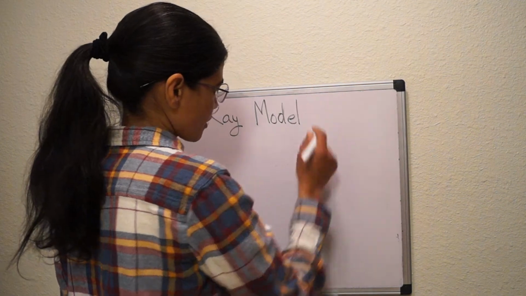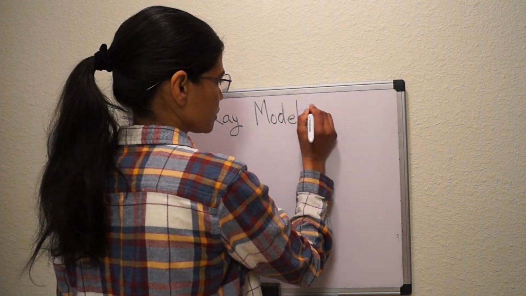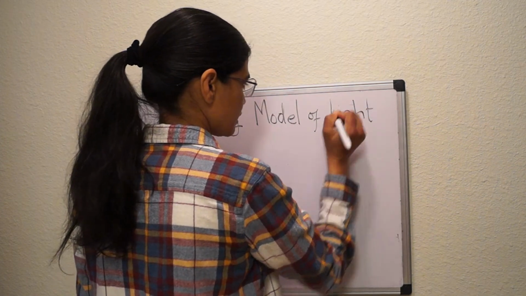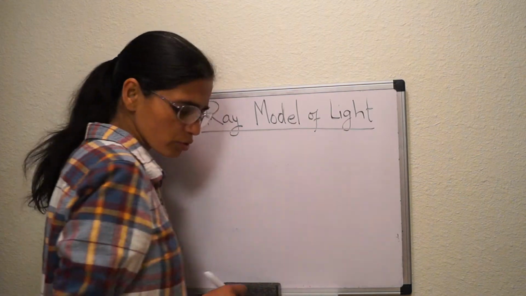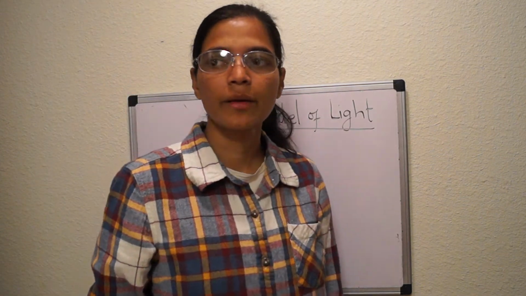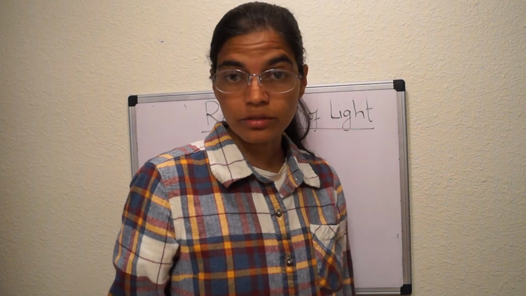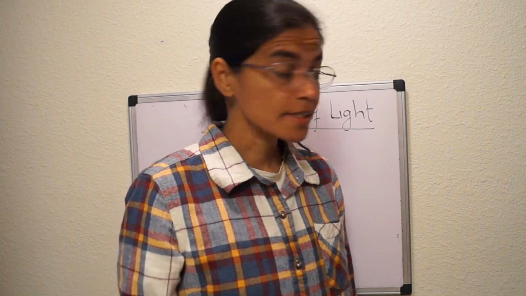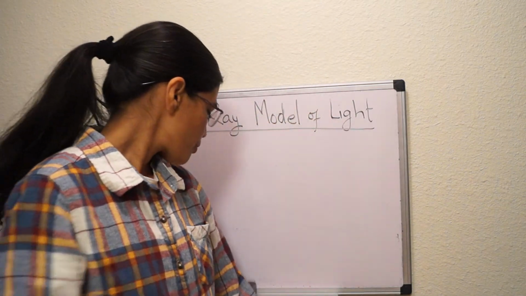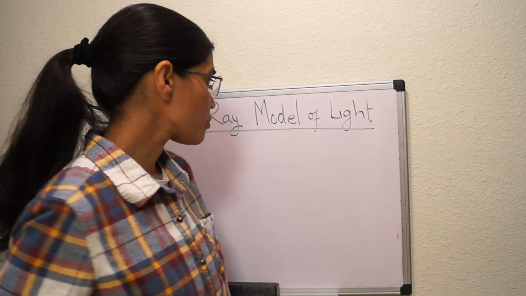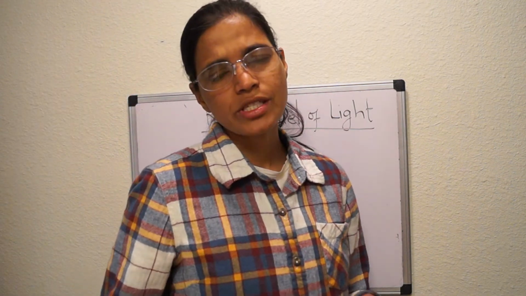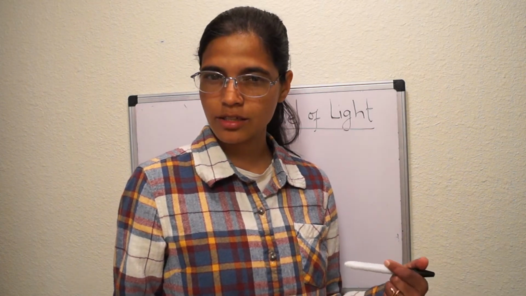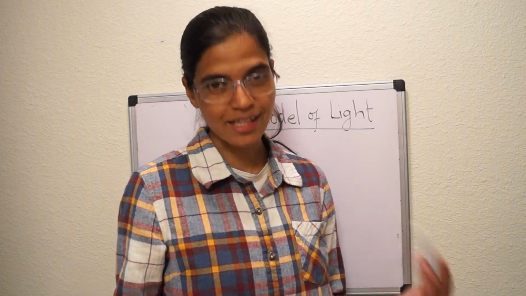Since we are talking about light, last time we talked about the wave model of light, right? That is one of the models for description of light. Today we will start the ray model of light. Last time we were saying it travels like a wave. Now we are going to say it travels like a ray.